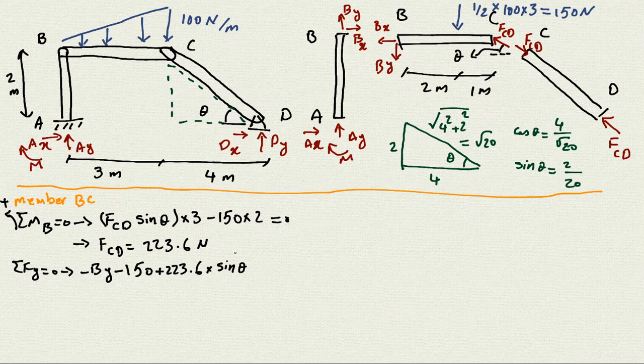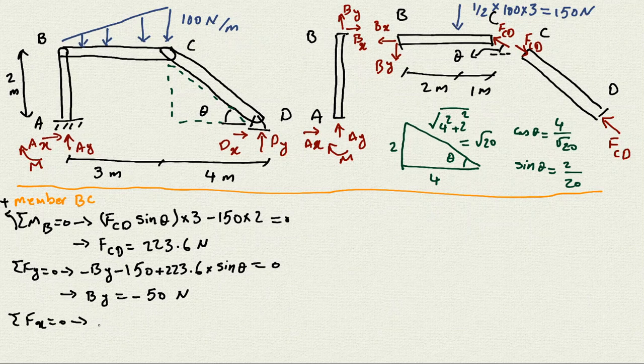That's all we have here, so it's going to be 0, and then if we do the calculation, the By would be negative 50 Newton. And then we will write the sigma Fx is 0.